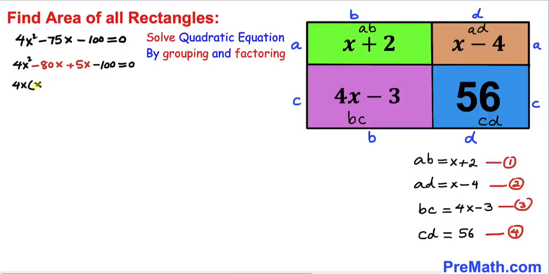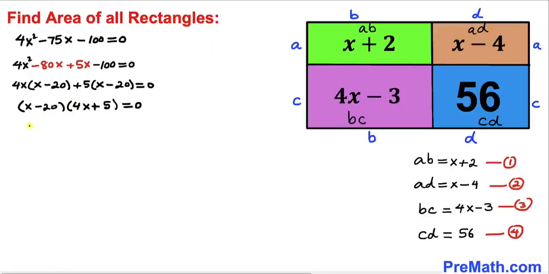So we ended up with x minus 20, and here I'm going to factor out 5. We got x minus 20 equal to 0. And now we can see x minus 20 is in common. So therefore we can write x minus 20 times 4x plus 5 equal to 0.